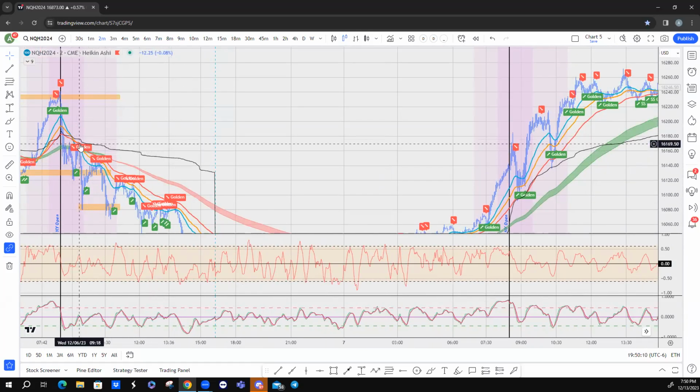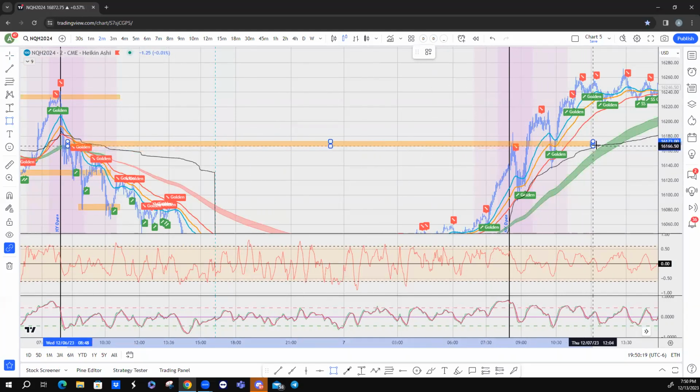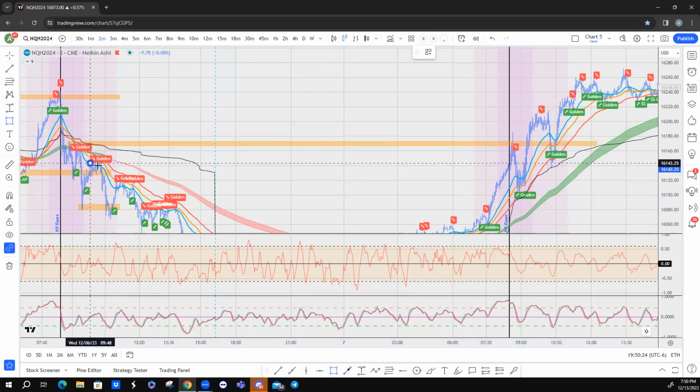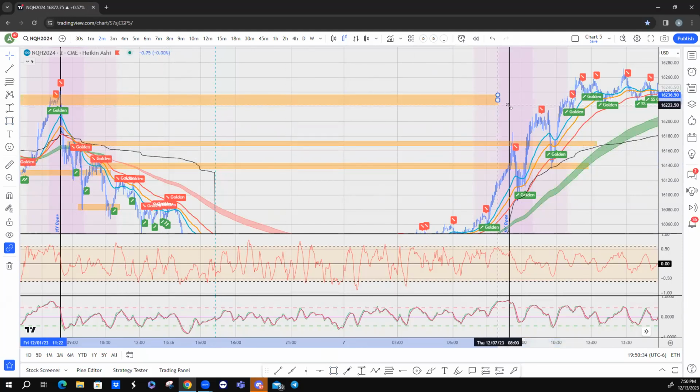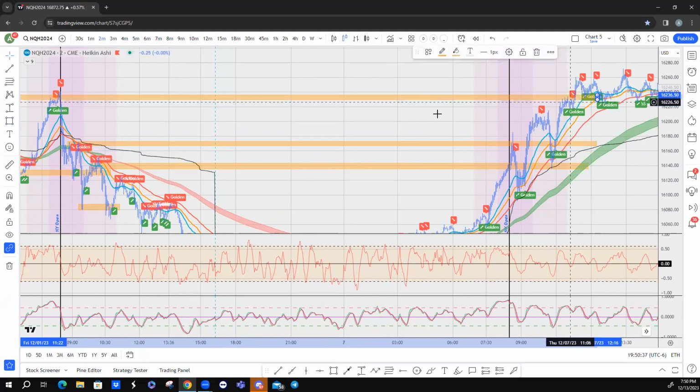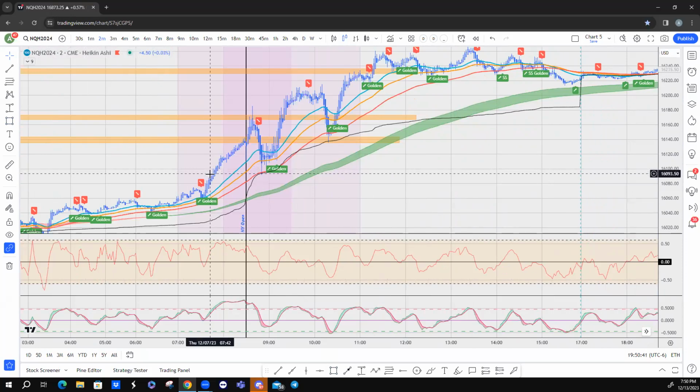If you're looking way to the left at some of these peaks, you don't know which one is really going to handle. Is price going to stop at that rectangle that I drew? Is price going to stop at this rectangle, and so forth? So I would have these drawn out all the way before you start trading.